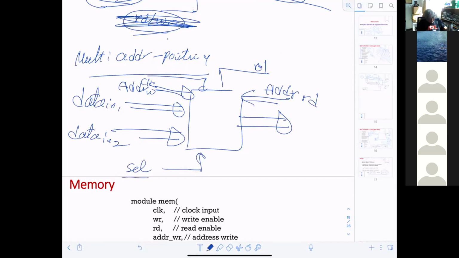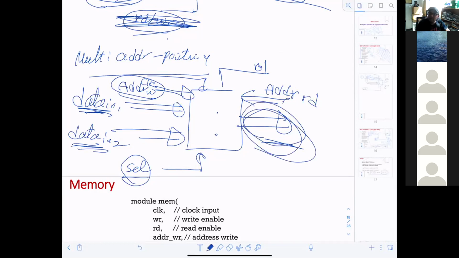What does it mean? It means I have two input ports and one output port for reading data, while the address will be selected based on this select, whether this data will be written here or that data will be written there. But this one is only responsible for picking data out. Of course, you can imagine anything you want, but then you are adding more resources. That makes sense?